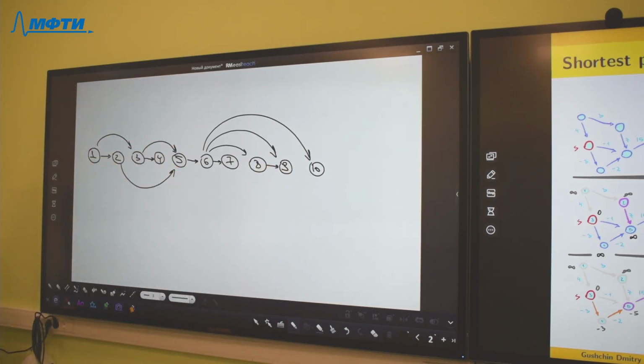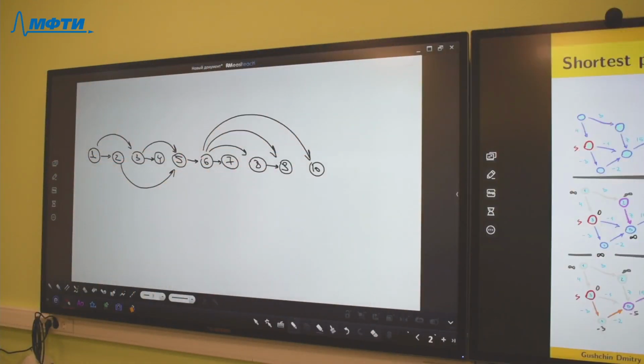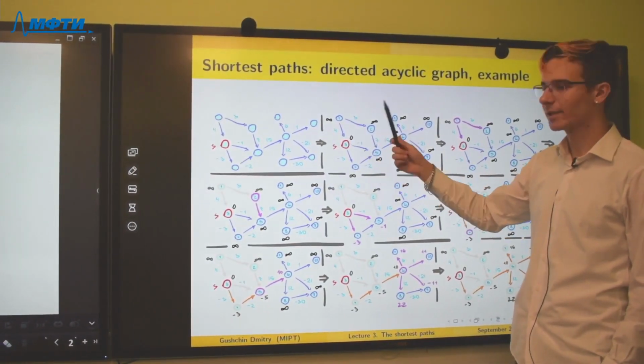And you can see that in this order each edge connects a left vertex with a right one, with direction equal to the order of the vertices. It is the result of topological sort. Remember it.